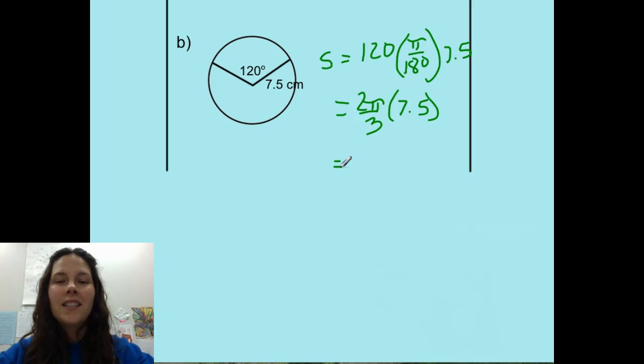We can get this in exact form. 2 times 7.5 would be 15, and 15 divided by 3 is 5. So we would have 5 pi centimeters for the length of our arc.